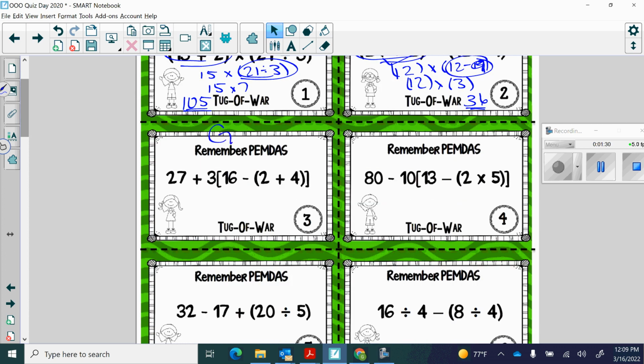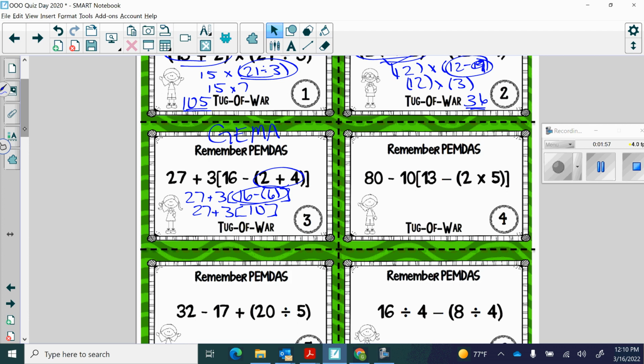Again, we're doing GEMMA, not PEMDAS. Groupings. I've got actually a double grouping. We call this a nested expression. Basically, it's a group inside of a group. So I'm going to start at the inside group, rewrite everything else. 16 minus 2 plus 4 is 6. I still have a grouping, so I'm going to do this one next. 27 plus 3 times 10.